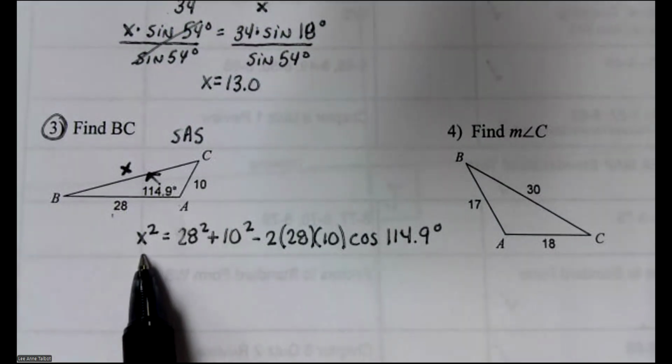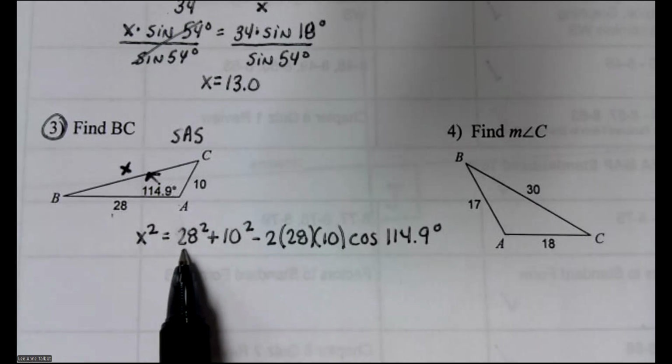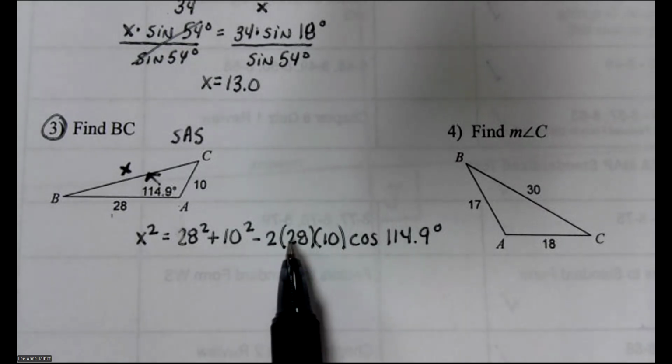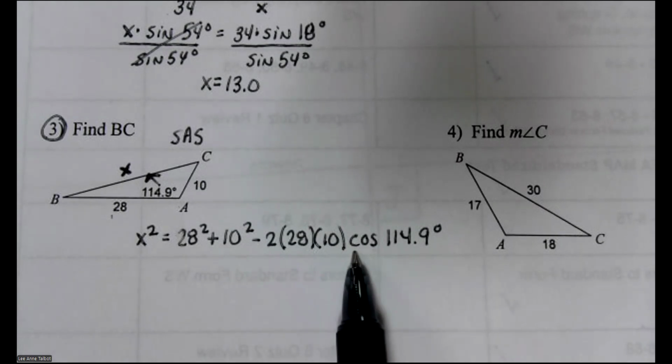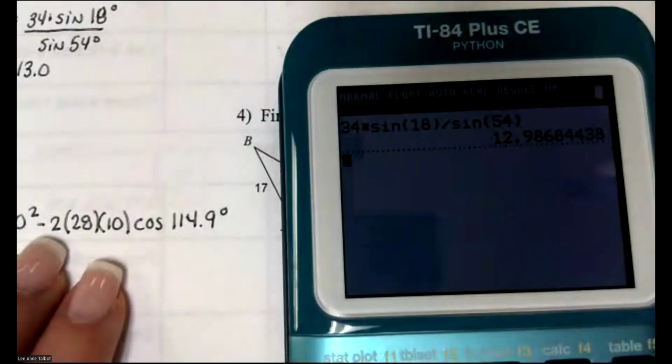Okay, so the side across from the angle squared equals one of the sides squared plus the other side squared minus 2 times the first side times the second side cosine of the angle between. And again, type this all in one fell swoop.